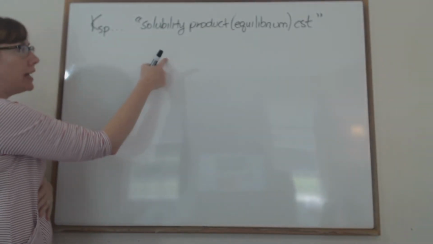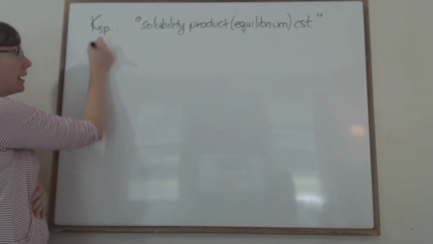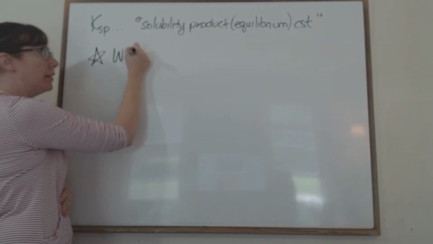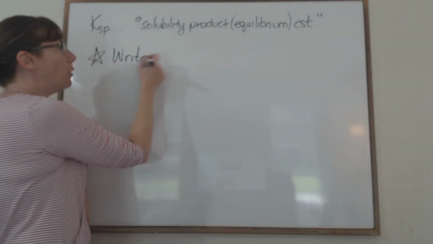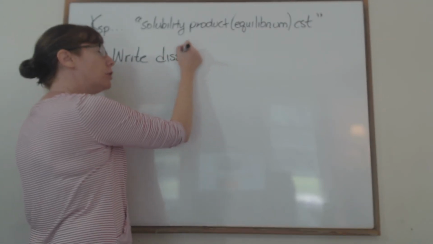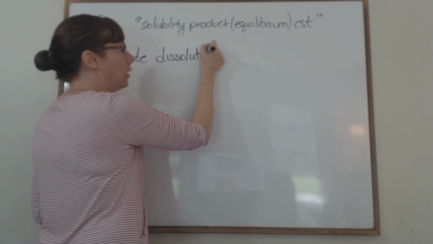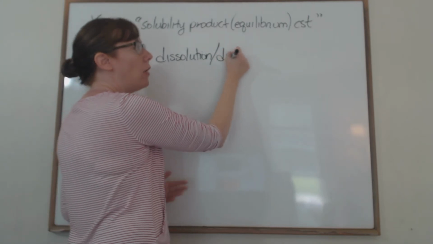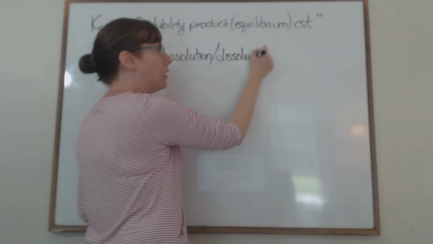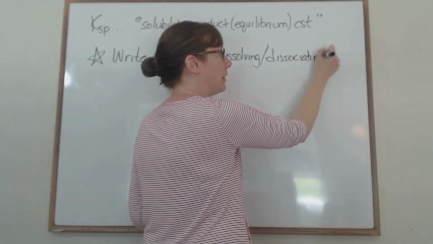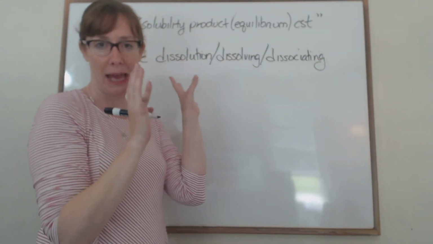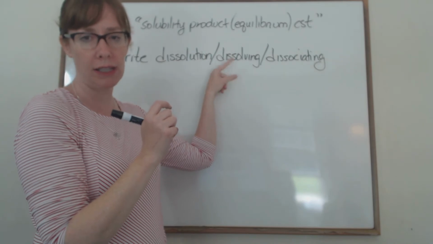The key here is that whenever you have KSP, almost immediately, what you want to do, because I think you pretty much always have to do it, is you always write what's called the dissolution. Although I would call it dissolving, but to be honest, it's also dissociating. It's whatever makes you feel like you're getting it. It's all three things happen, but dissolution and dissolving are synonymous.